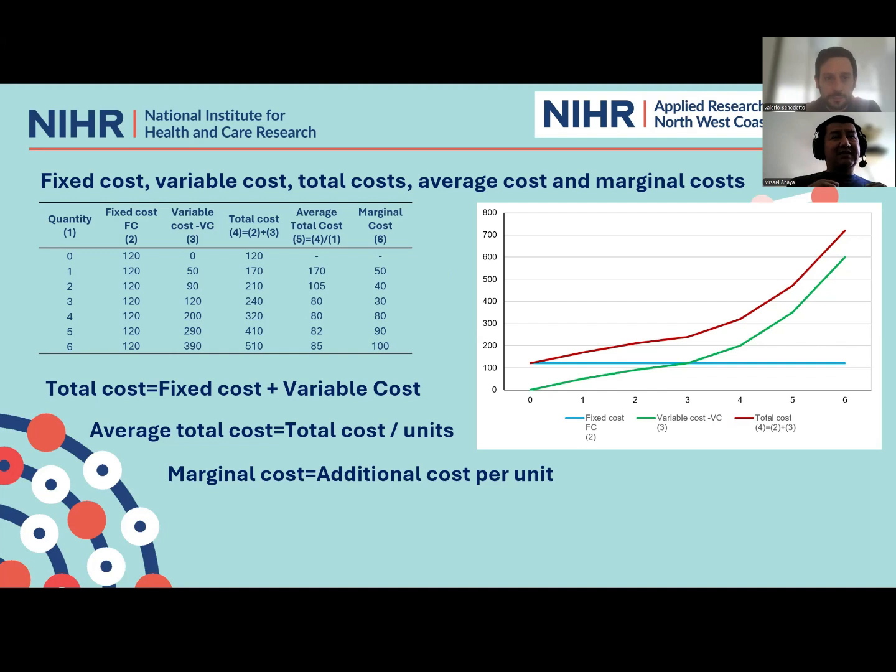So the difference is 40, and this is the marginal cost. So total cost is fixed cost plus variable cost, and as you see here, this is a textbook example, a very classical example and easy to understand.